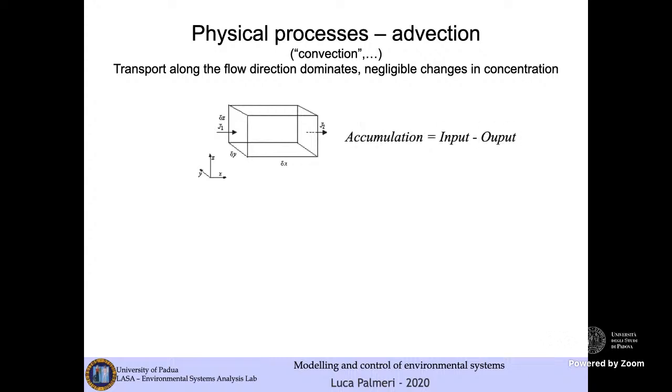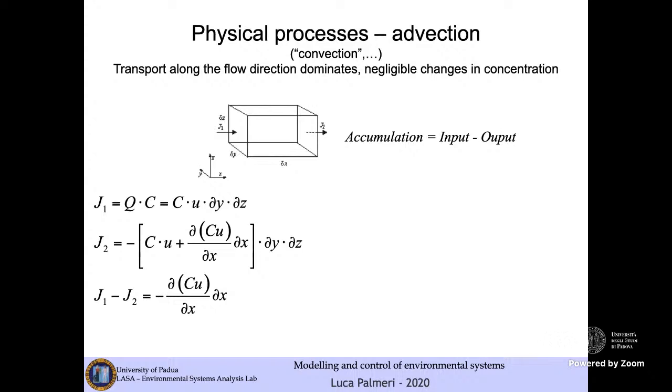Again, now we start from the customary balance equation, the customary continuity equation. Here we consider only input and output. We do not consider chemical reactions because this would complicate things further, but we will see later how to include them. Okay, so we shall write the J1, J2 input and output.